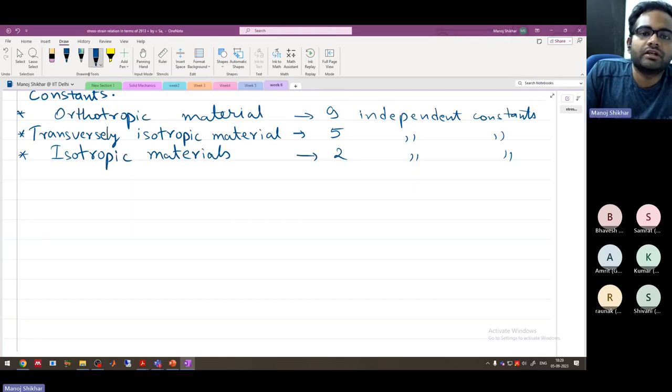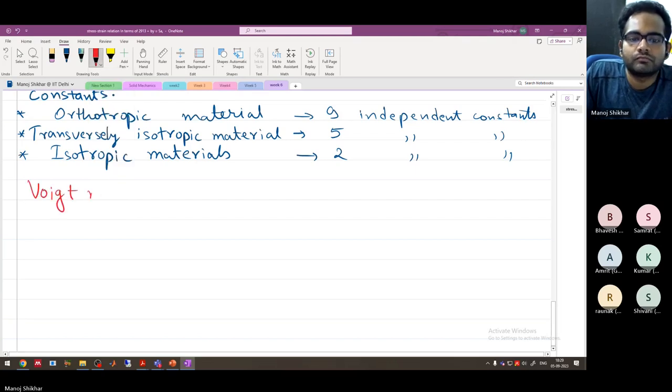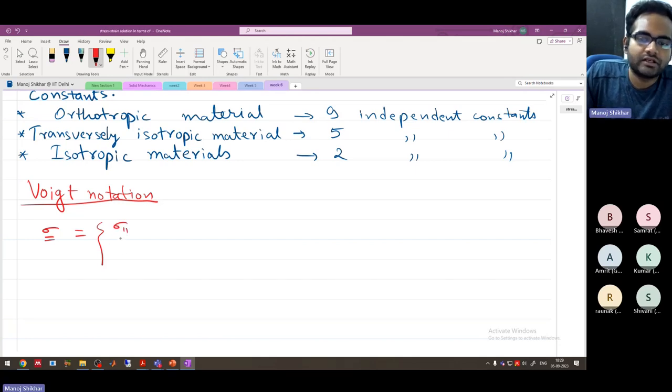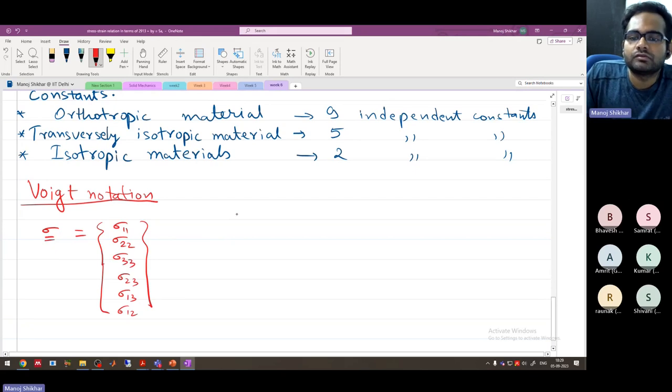Then there was a concept of Voigt notation. So in Voigt notation, we replace the sigma matrix by a sigma vector, so by stress vector, and the components are filled like this. So just to remember, you can remember this direction in the sigma matrix.